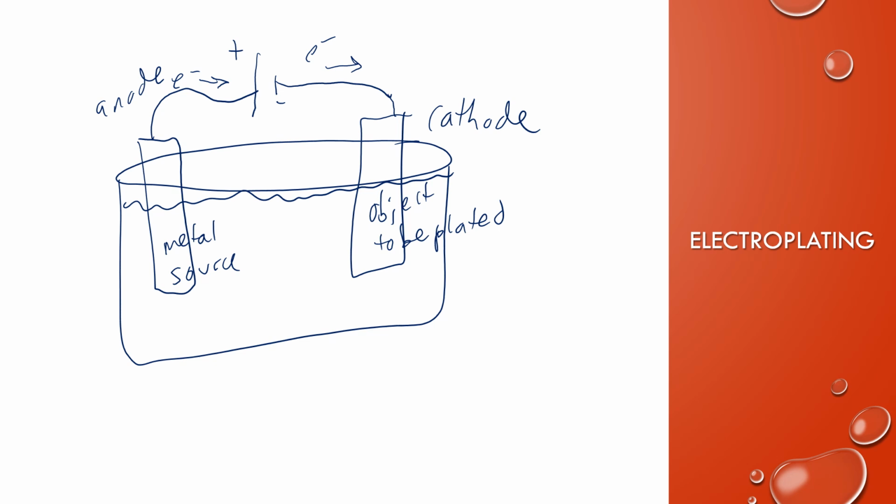Now, there are a lot of different reasons why this would happen, but the cathode is where reduction is happening. Remember that. So your metal ions will be able to gain electrons to form solid metal. And so it's going to form a layer of solid metal on the outside of the object, wherever it's submerged. So this could be for decorative reasons. You could be plating something with gold. Gold plating is very common.